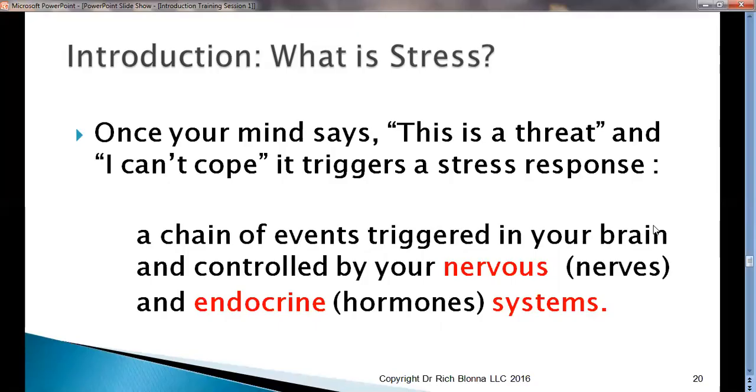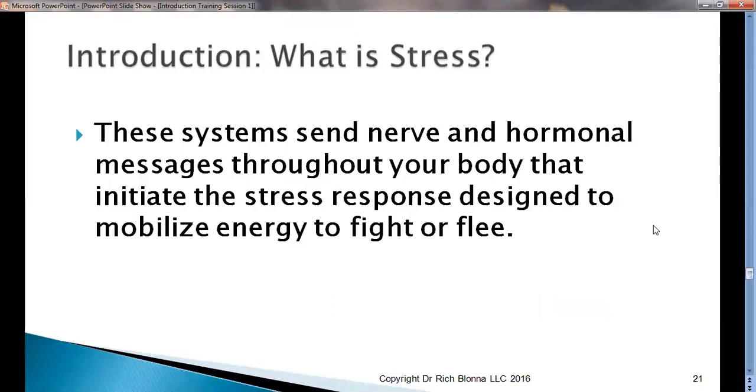So both your nervous system and your endocrine system get involved. These systems send nerve messages and hormonal messages through your bloodstream throughout your body that initiate the stress response. And what the stress response is really all about is a response that mobilizes energy to fight or flee.